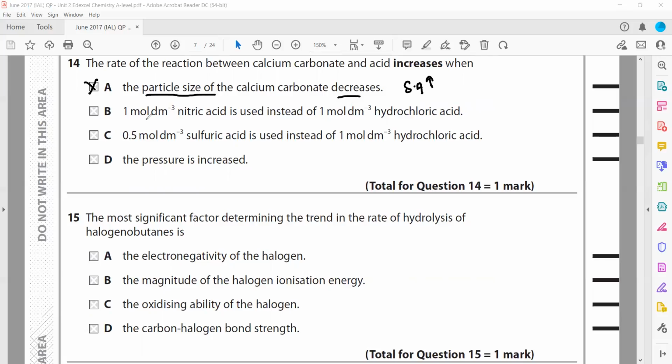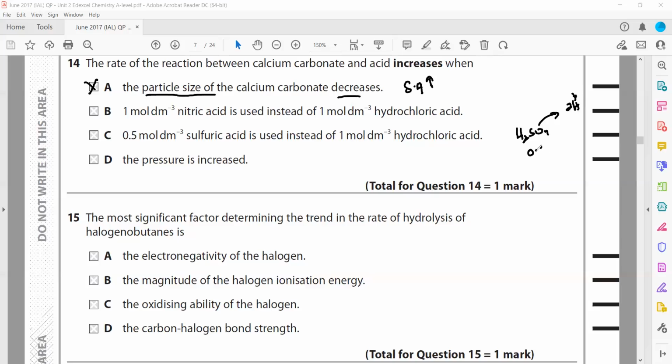Other option: 1 mole of nitric acid is used instead of hydrochloric acid. It won't make a difference because both are strong acids. Then 0.5 moles of sulfuric acid is used instead of 1 mole. The idea is the same, because 1 mole of sulfuric acid, H2SO4, gives 2 protons.